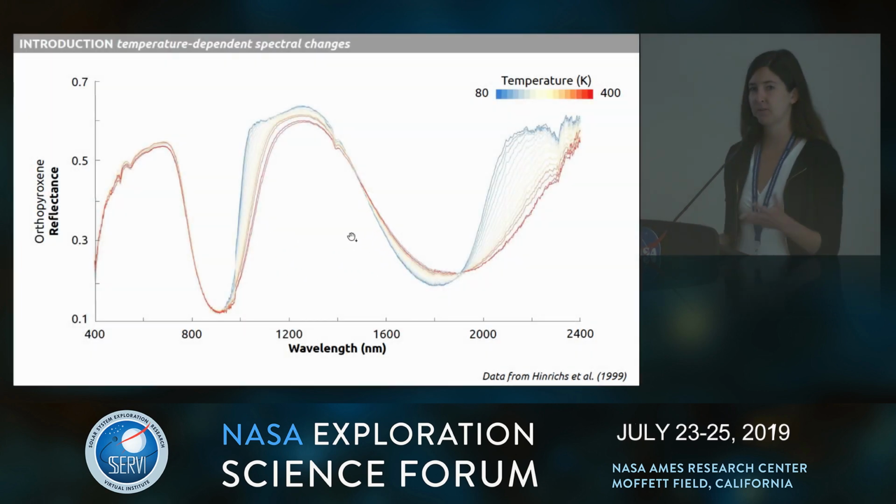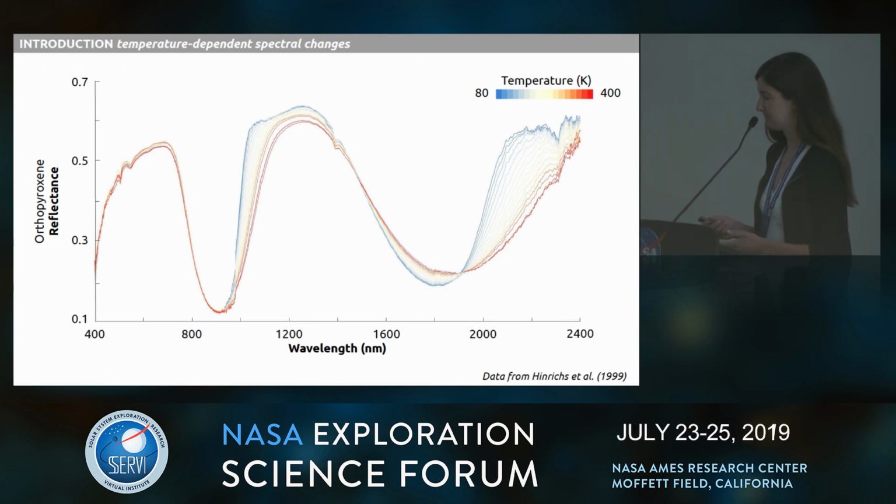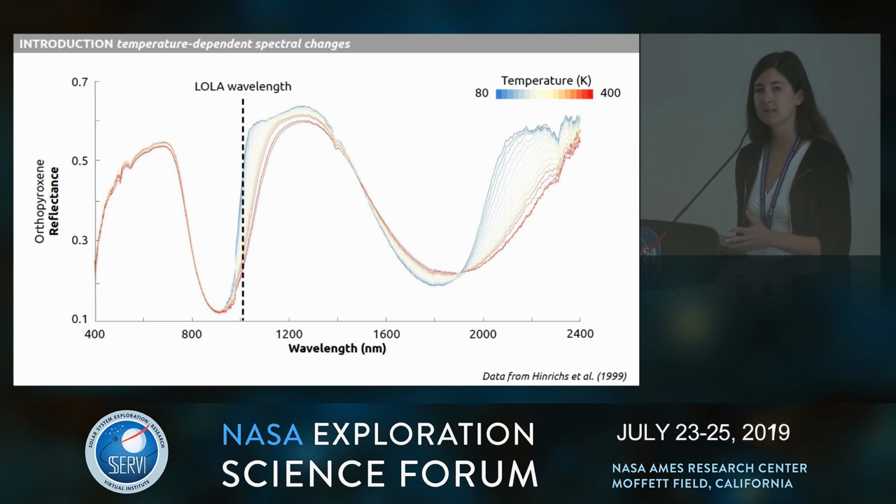So as these samples are cooled, the sites contract, and this actually causes an increase in the crystal field splitting energy, and as a result, an increase in the measured reflectance. This phenomenon is dependent on wavelength, but curiously, one of the largest changes experienced by pyroxene overlaps with the observation wavelength of LOLA, which is 1064 nanometers.